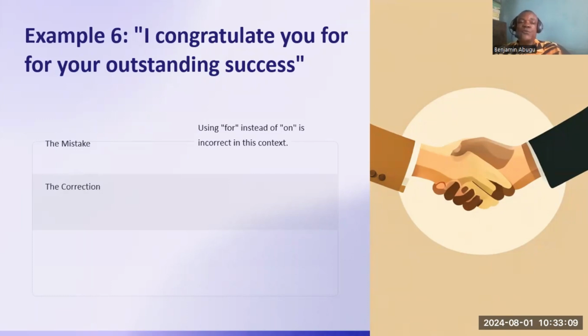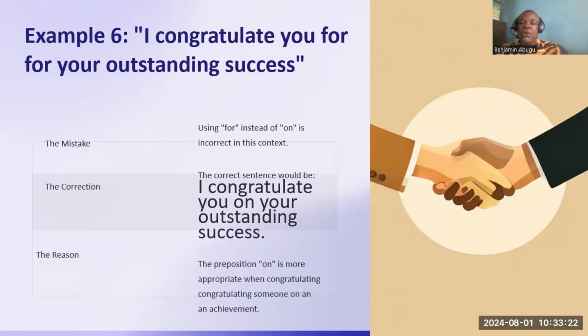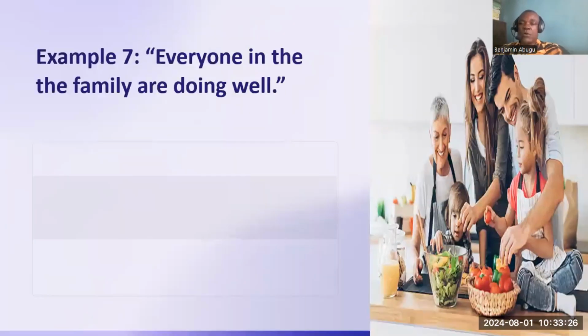So the correct sentence would be, I congratulate you on your outstanding success. On your outstanding success. So the preposition on is more appropriate when congratulating someone, and that's basically what it is.